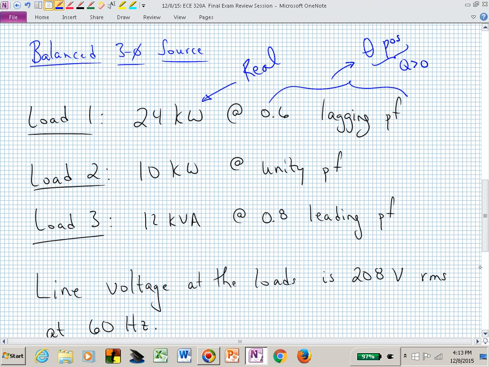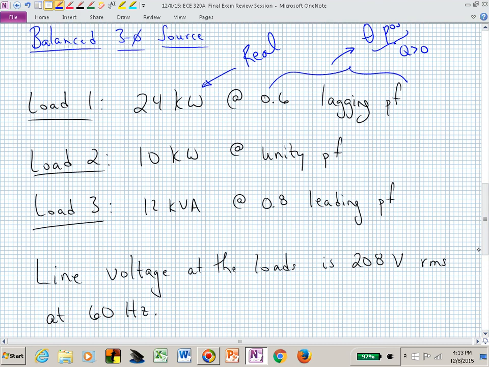What about load 2? Without calculating anything, what do you know about 10 kilowatts? Which piece of the triangle is that? That's just like in load 1, that must be real. What do you know about theta? It's 0 degrees. So there's no reactive component for load 2. What about load 3? Now this is volt amperes.